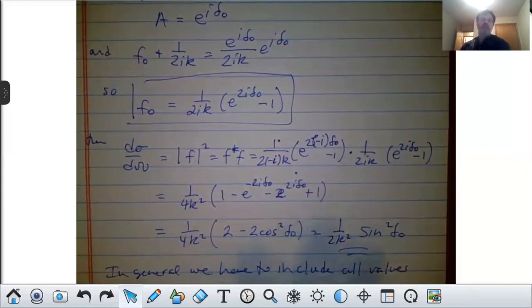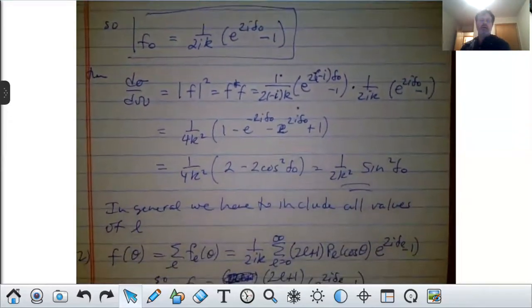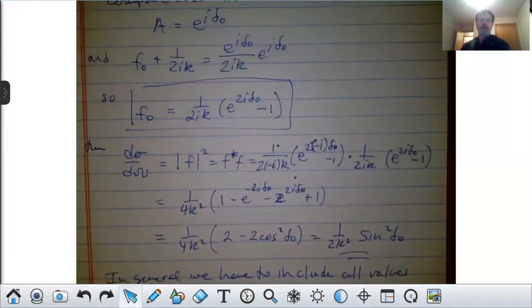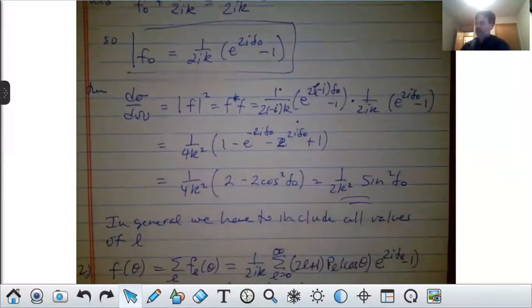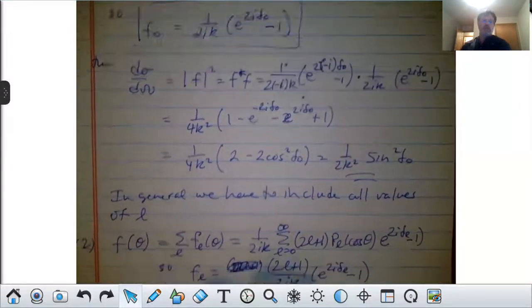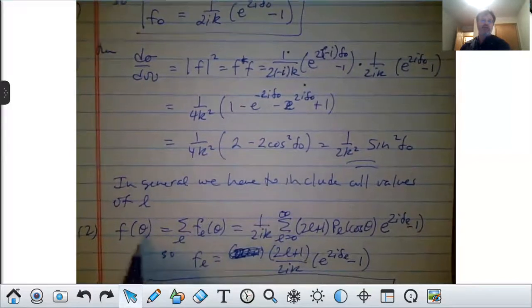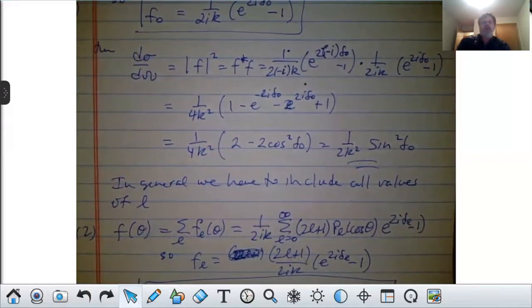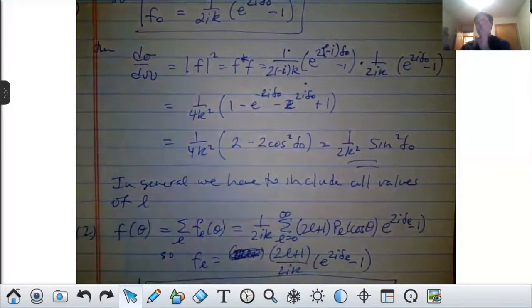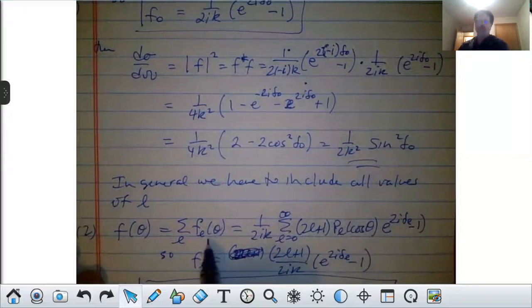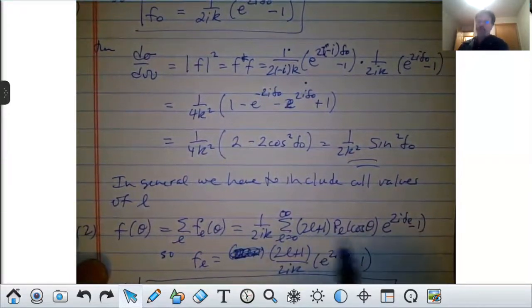The other thing you can get is the total cross section. First of all, let me show you in general, for the general case, for all values of L, you have to add up all the components, the Legendre components, and you get this expression.